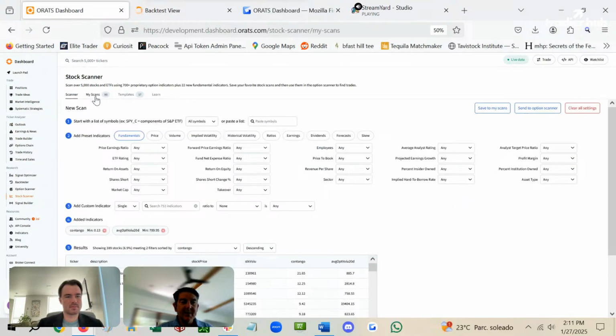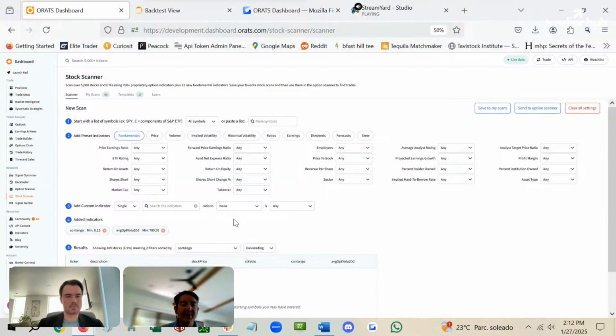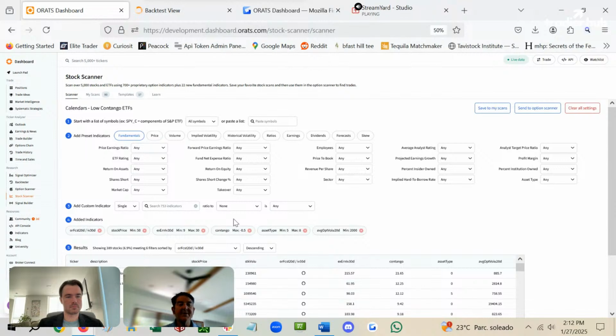Yeah, so let me see here. Definitely calendars is something you would think about immediately. What you want to see is a time where contango has a maximum of 0.5.